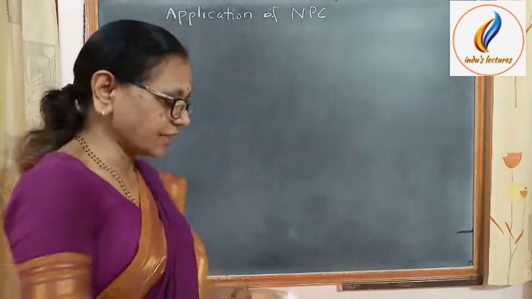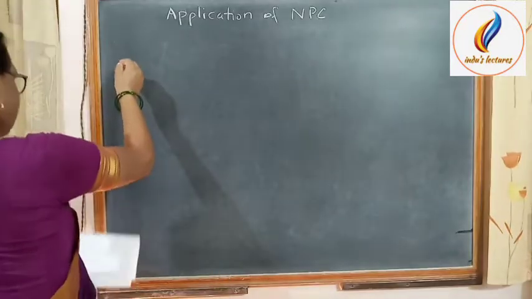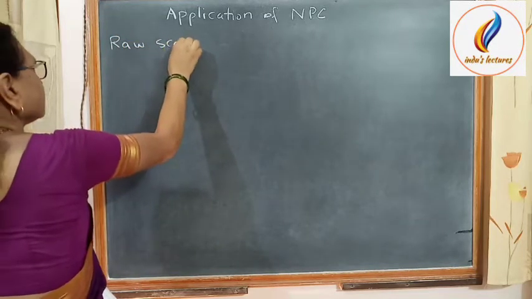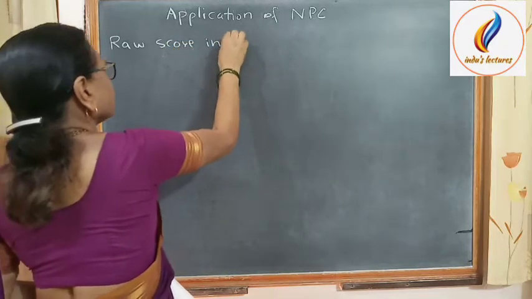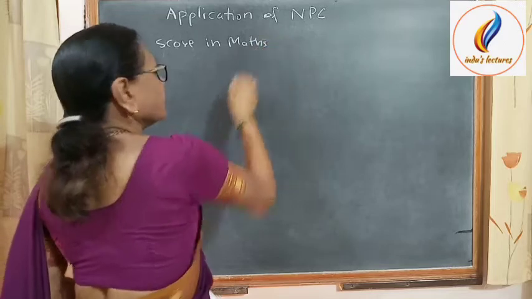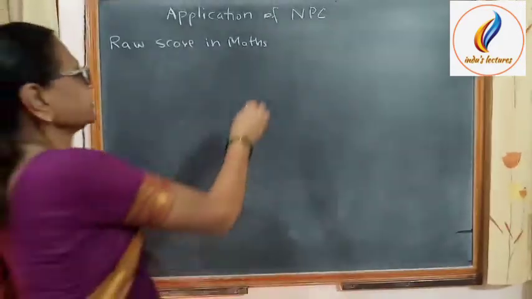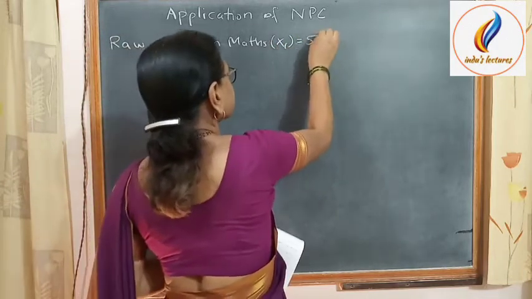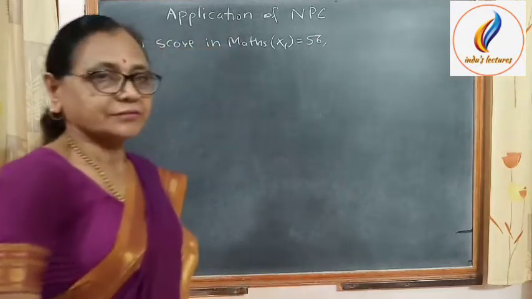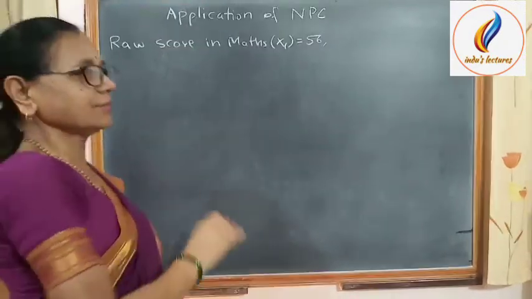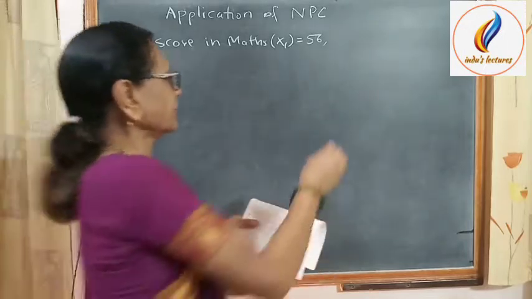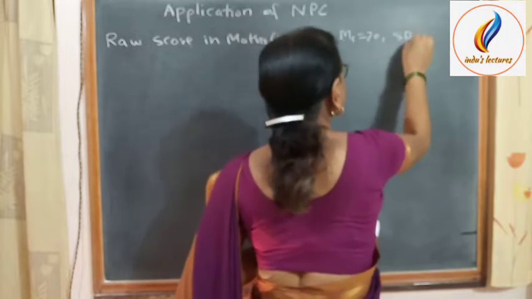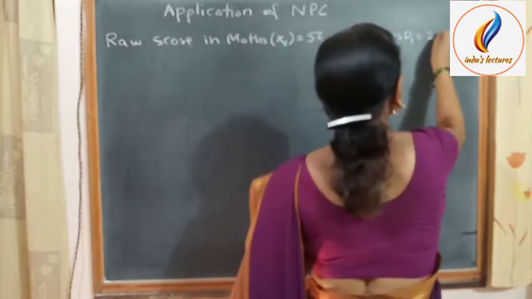Now we are given the raw score in mathematics. We denote this raw score in mathematics as x1. x1 is equal to 56 and the mean of the scores obtained in mathematics of a group is 70. So denote it as M1 is equal to 70 and standard deviation SD1 is equal to 20.